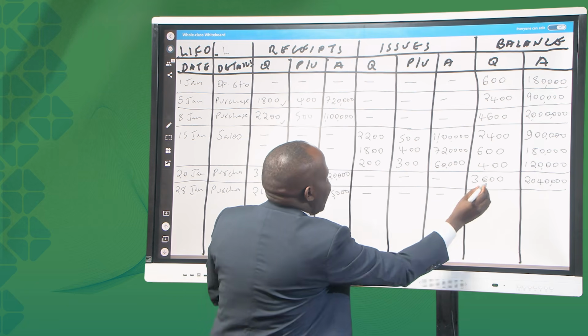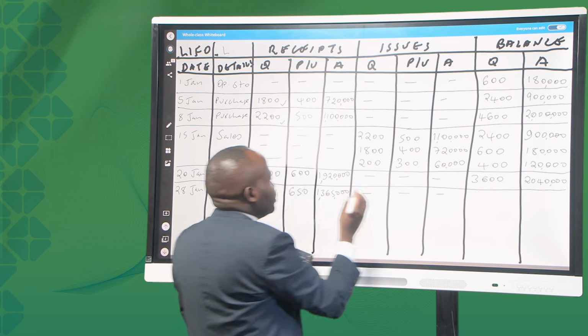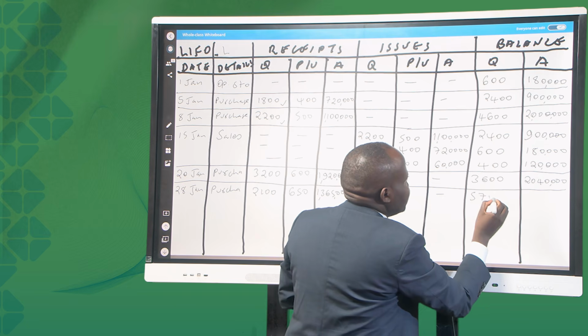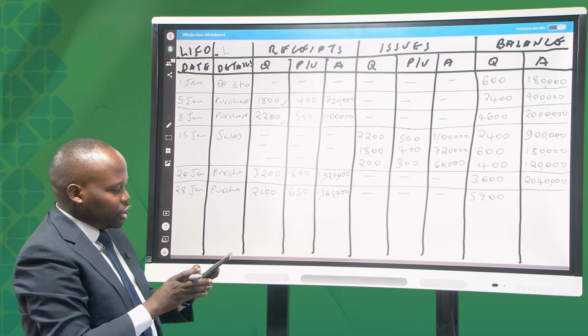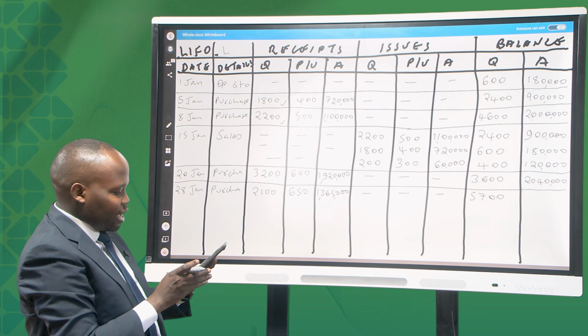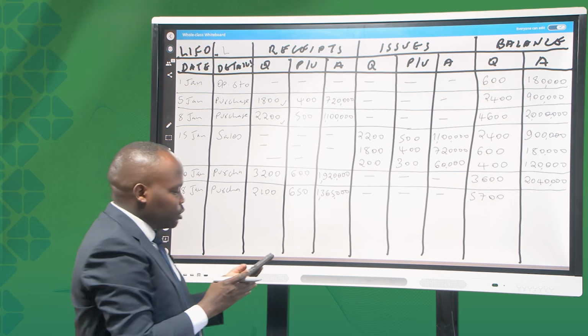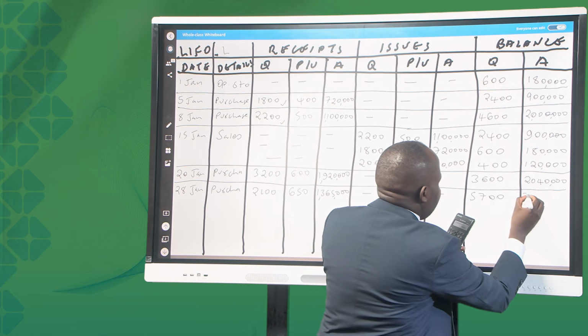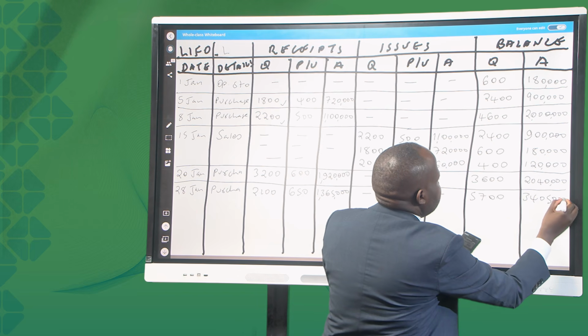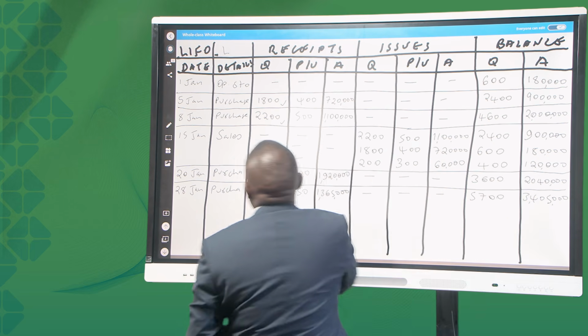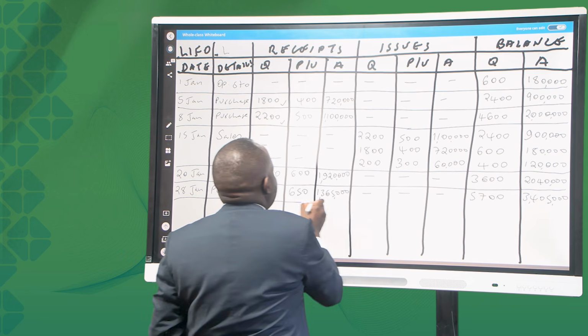So the balance is increasing. This will give you 5,700 units, and the amount is 2,040,000 plus 1,365,000, which gives you 3,405,000. So that is on 28th.